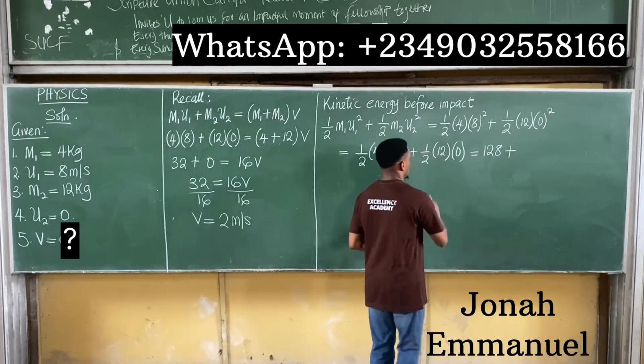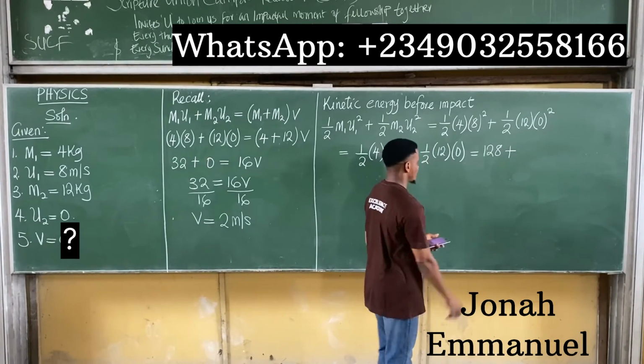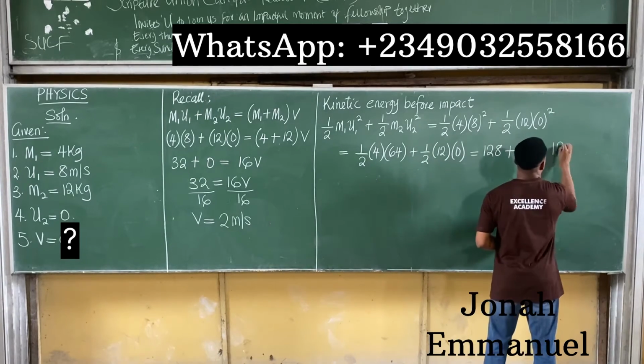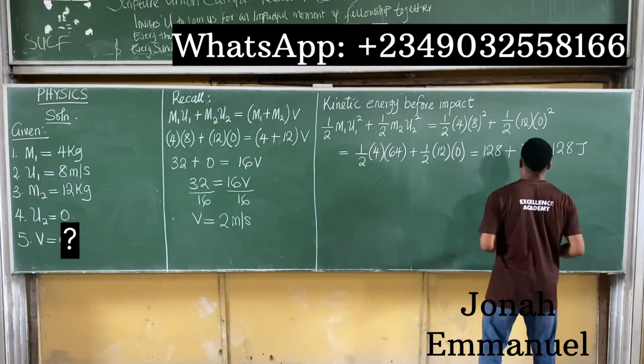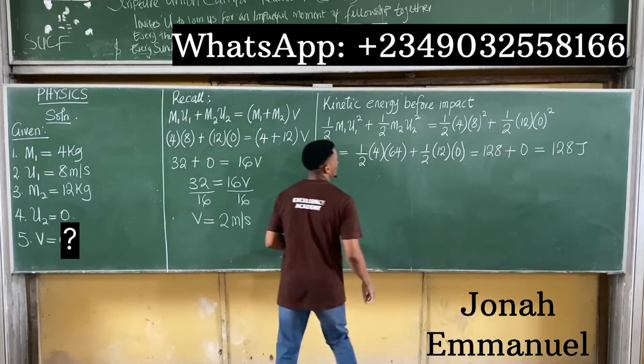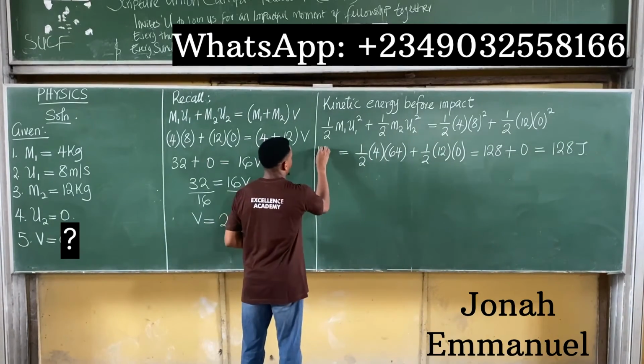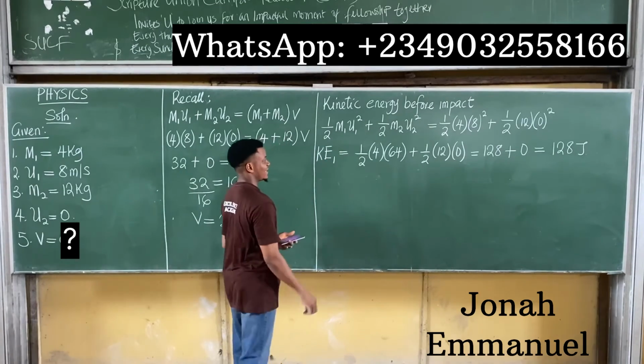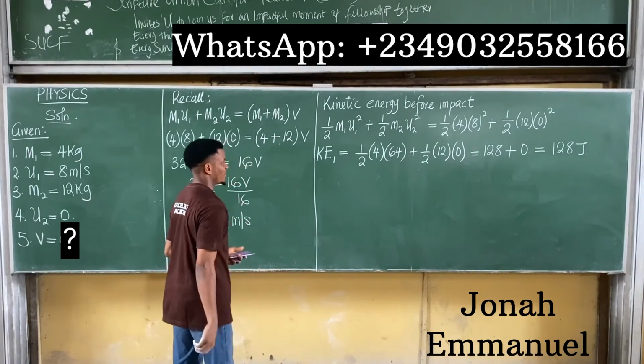Plus half times 12 is 6, times 0 is 0. So before collision, I have 128 joules as the kinetic energy before impact. Let me call this KE1.